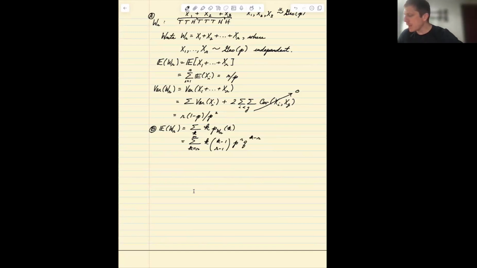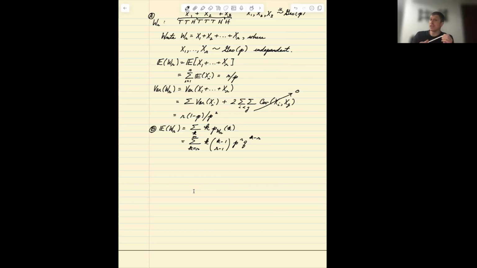Now, when we see an expression like this, there are a few ways that we can proceed. We've seen in the geometric case that maybe we can express this as a derivative of some kind. Another way is to rewrite it as some constant times a sum, where the thing we're summing over can be identified as the mass function of some other distribution.